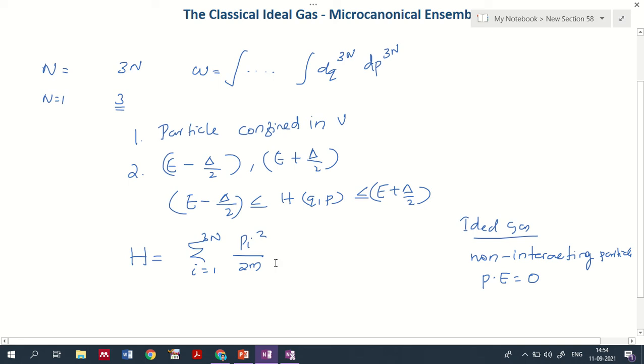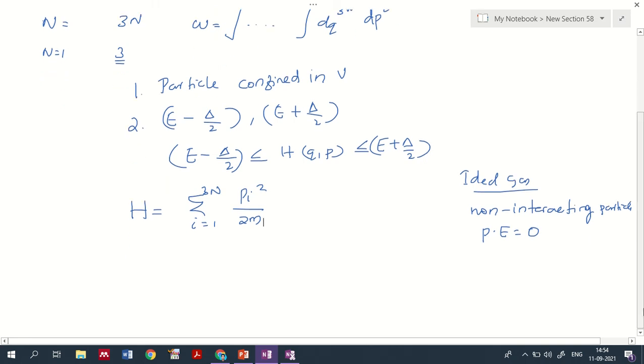Now if I consider only the position coordinates and take the volume associated with them, I take only dq raised to 3n. The volume associated with the position will be V raised to n, where n is the number of particles present. Now the total volume omega: in the last class we said that omega is the phase space volume, for a particular energy interval.